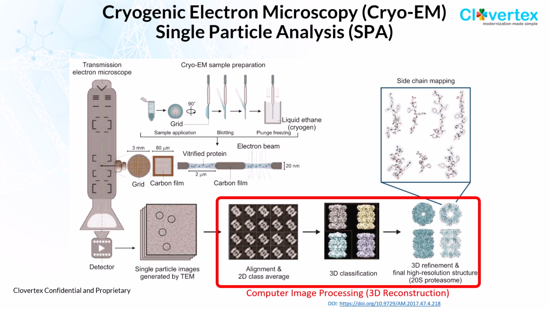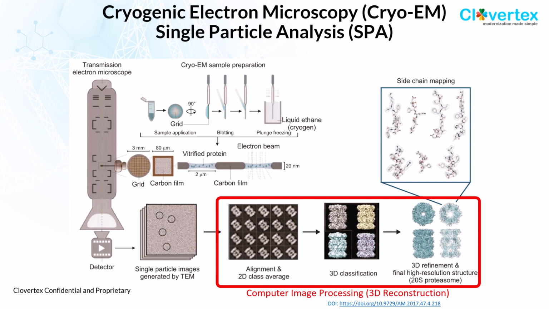And this micrograph is a 2D image, more precisely a 2D transmission image. So we have to somehow reconstruct or restore the 3D structure of the original particle from the 2D images.